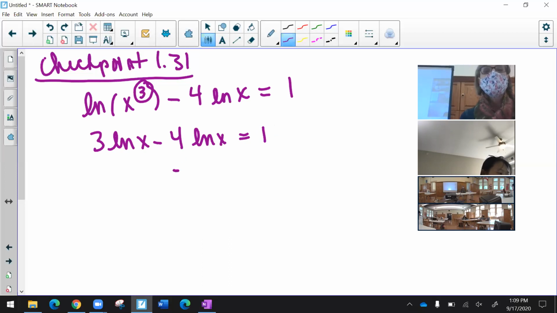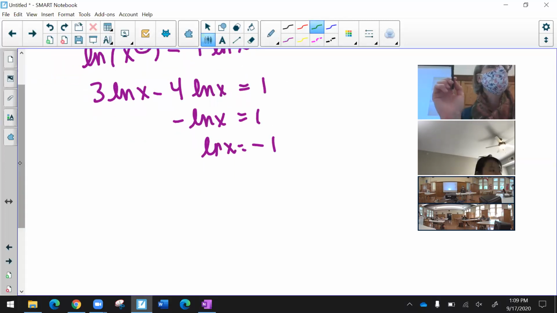So I'm going to have negative natural log x is equal to 1, natural log x is equal to negative 1, and then I do the same thing I've been doing all along, which is what? What do I do at this point to solve for x?